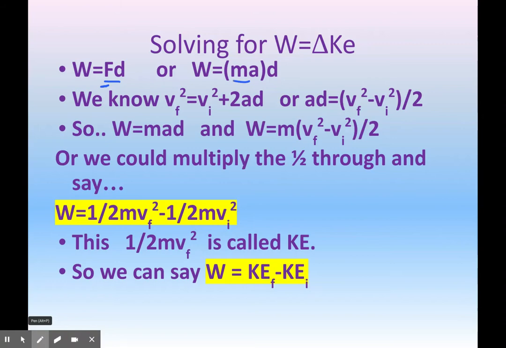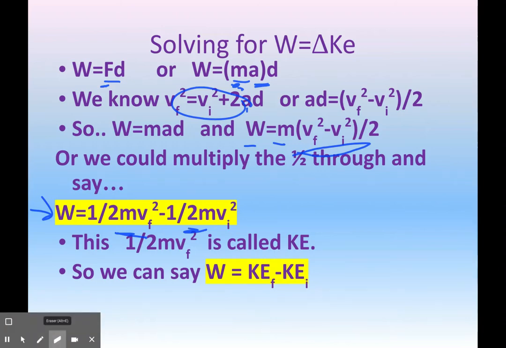If we also know that to solve for displacement, we can say vf squared equals vi squared plus 2ad, we can substitute that ad in, and that's going to give us work equals mass times all of this. And that's what we've got there. So this is just kind of a proof to get to this. So we're going to have the final kinetic energy minus the initial kinetic energy.